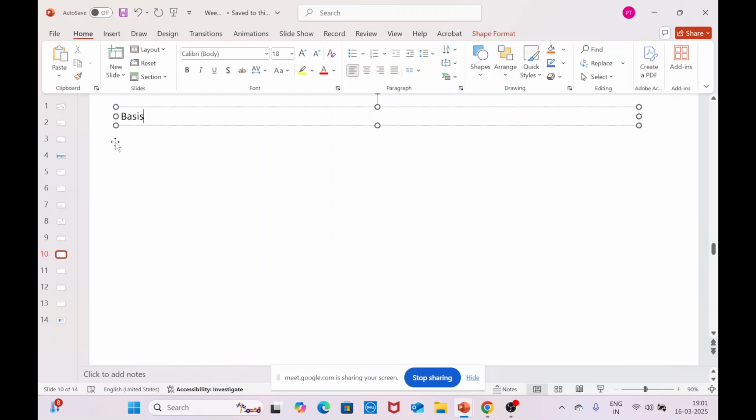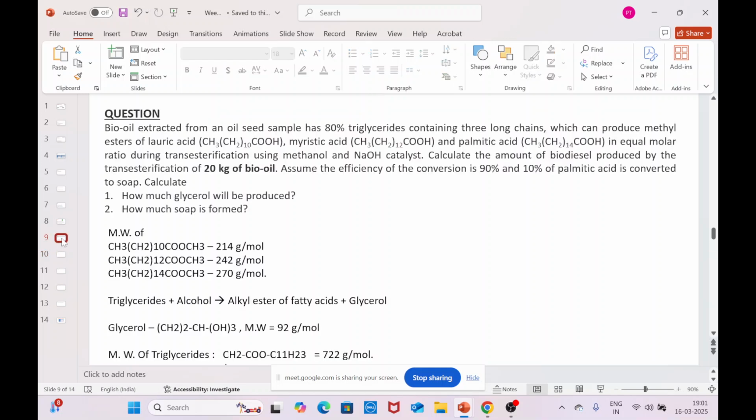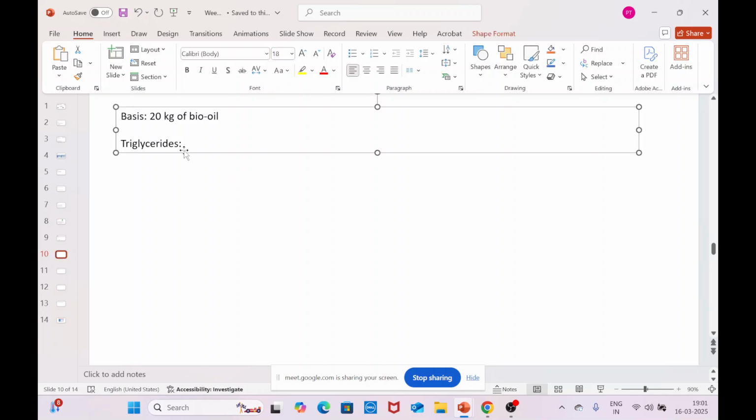Now the triglyceride content, the question says 80 percent, which will be nothing but 0.8 times 20. So 8 twos are 16, 16 kg.